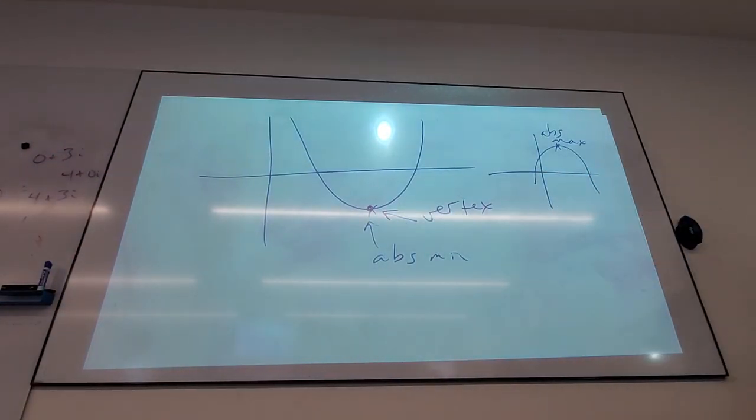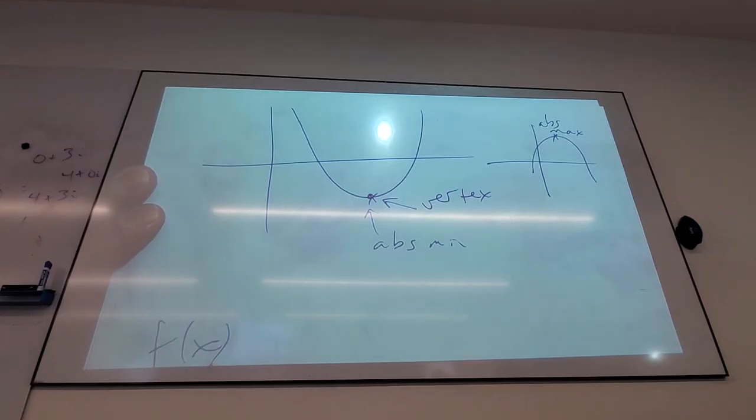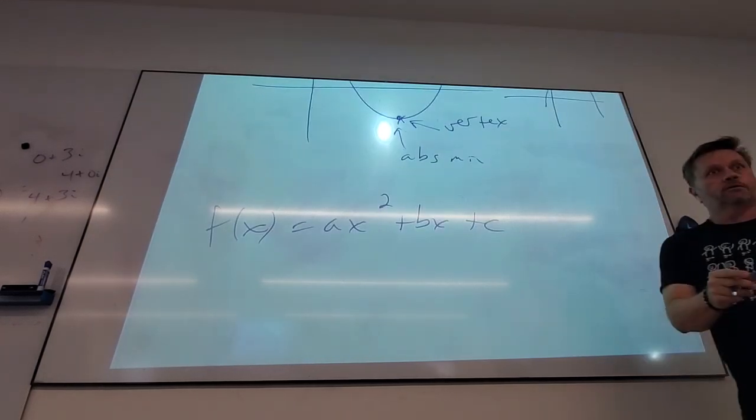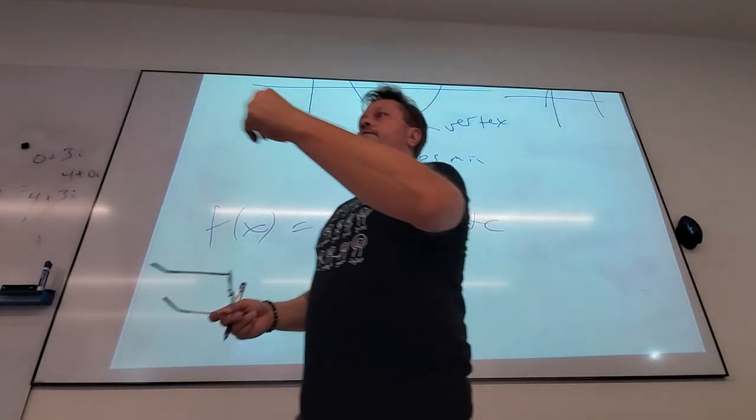It'd be great if we had a shortcut way to figure out the vertex of a parabola that we're given. So if I'm given this parabola, I want a nice, quick way to figure out its vertex. Why is that good? Because the vertex is really important.